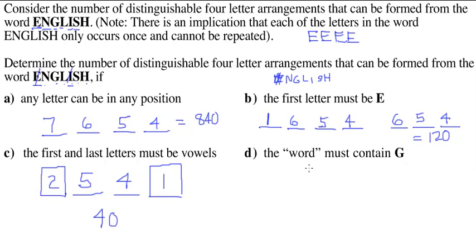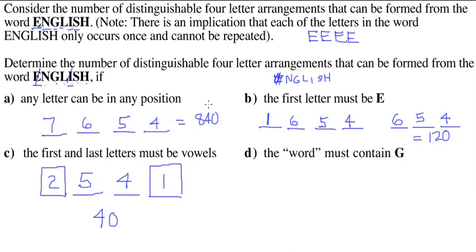And if the word must contain G, the trouble is there's a bunch of different places where we could put the G. I'll show you a trick for this one that this might be the first time this has come up, but I think it'll make sense to you.